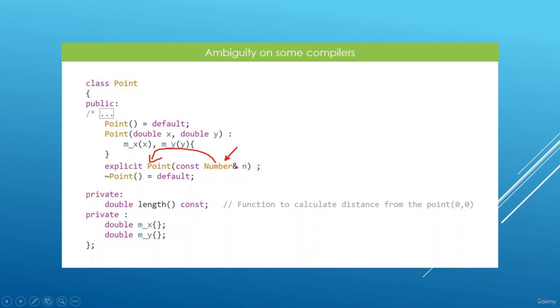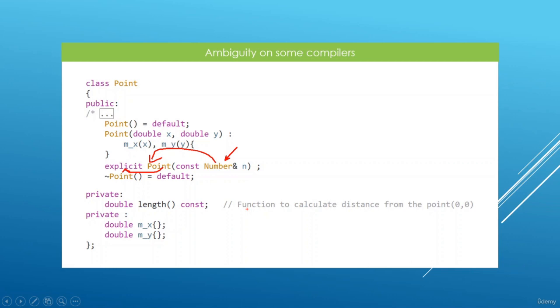What the compiler is going to do is to pass that number as a parameter here and get out a point object that is constructed through this constructor here. So if you happen to have this constructor and you have a custom type conversion operator from number to point, your compiler is going to be confused, and in most cases you're going to get compiler errors. You should be aware of this.